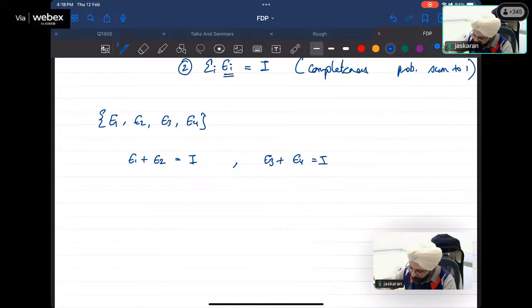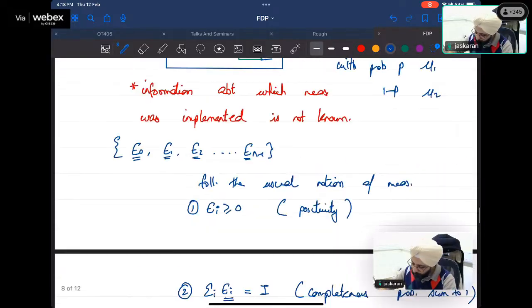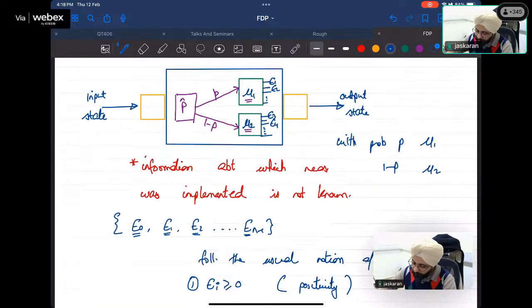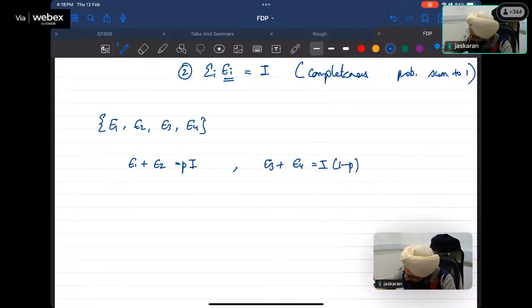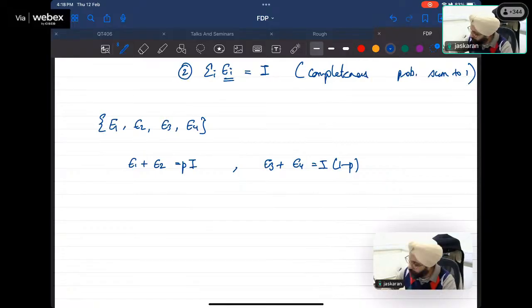But E1 and E2 are only observed with some probability, because we are not always implementing the measurement corresponding to mu1. We are only implementing it with some probability p, right? So what this means is, in our mathematics, this is equal to p times identity, and the other one is equal to 1 minus p times identity. And as you can see, if I now add them all up together, corresponding to completeness relation, I will still get identity, right?